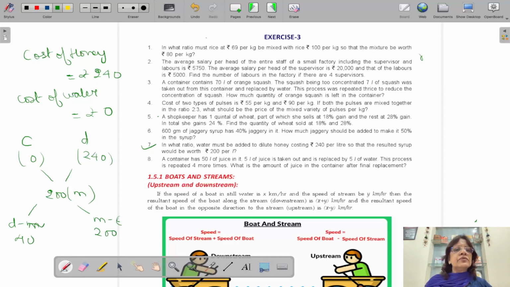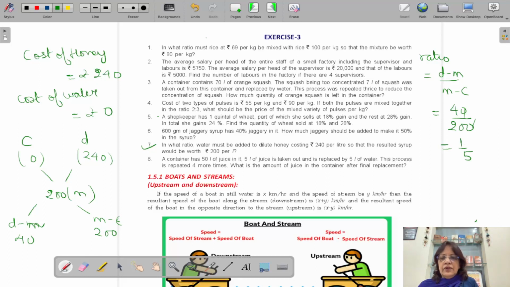So the required ratio is D minus M upon M minus C. The ratio is 40 upon 200, that is 1:5. 1 upon 5 is the required ratio. I hope the question is clear.